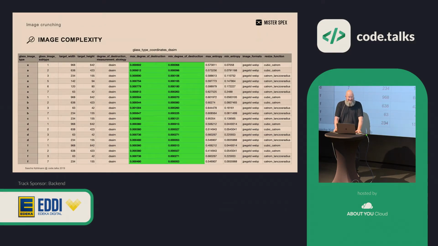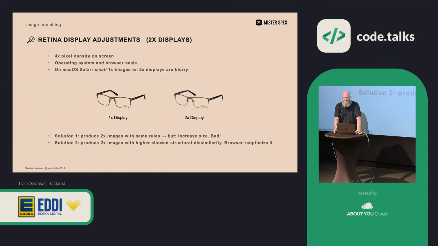Then, an additional thing: Retina images. Retina is, again, a problem. Macs and most notebooks support Retina images, where you have double the pixel size, not points, but pixels. In some cases, because the browser resizes it, you resize it, and the operating system resizes it, we have matte or blurry images on our product listing page.